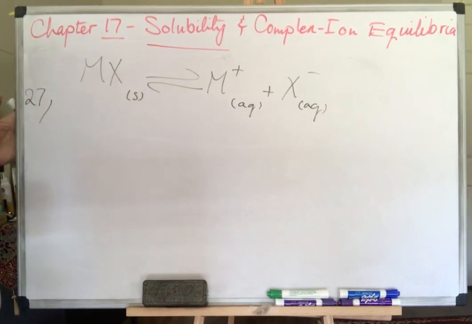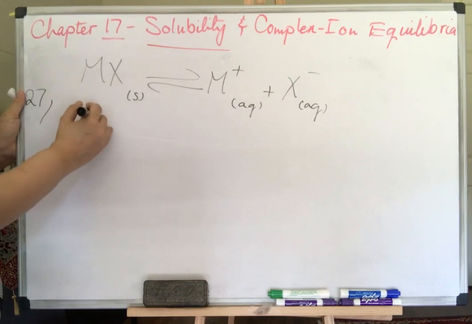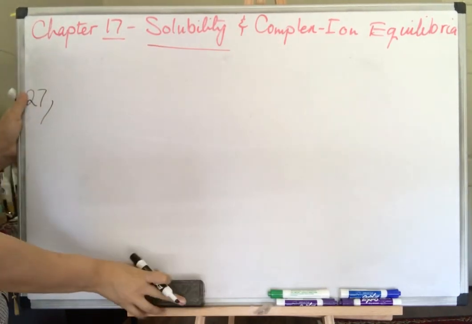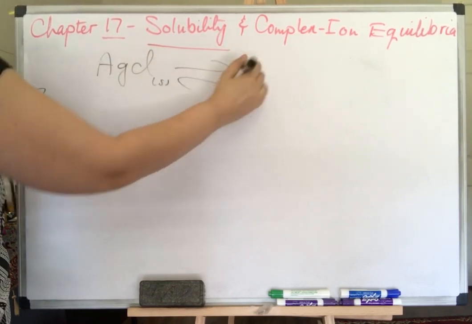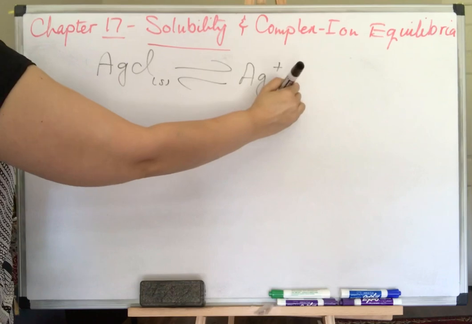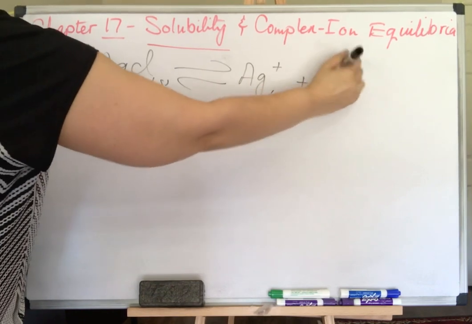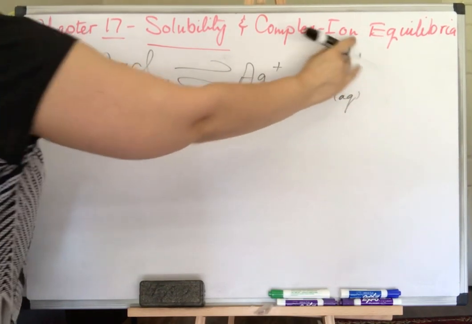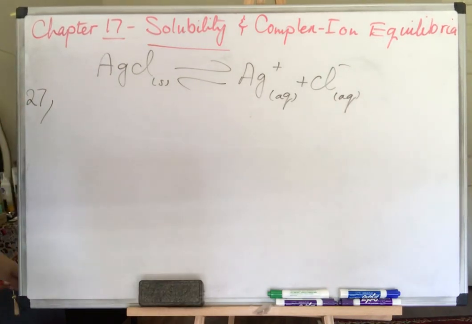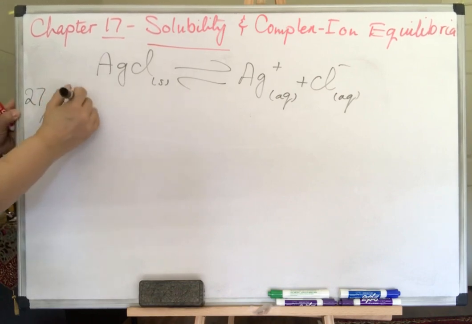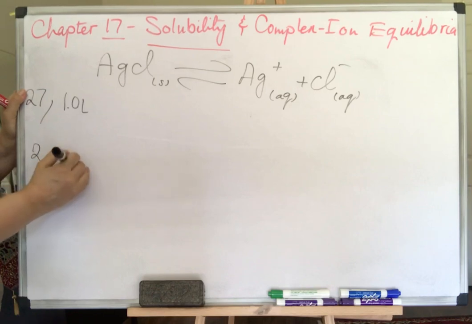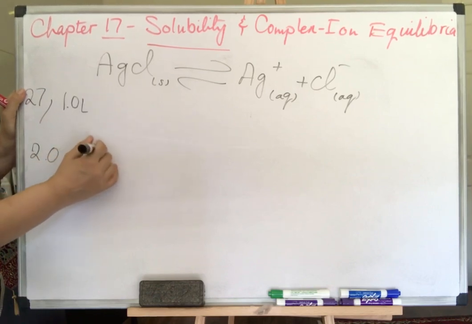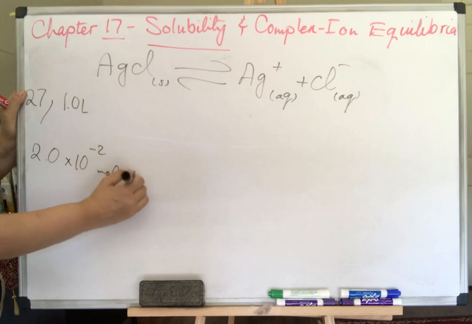What is the molar solubility of silver chloride, which is a solid, in 1 liter of solution that contains 2.0 times 10 to negative 2 moles of HCl?